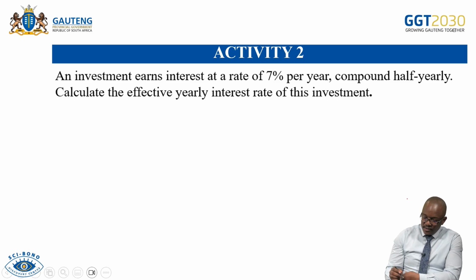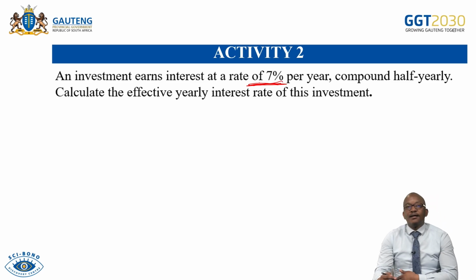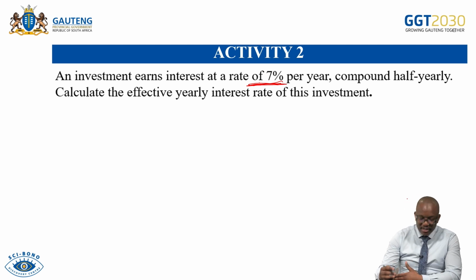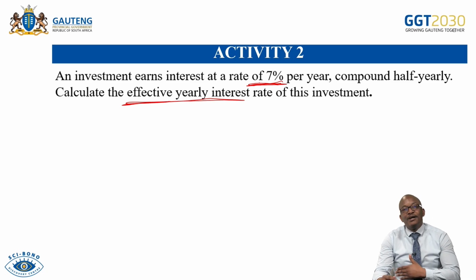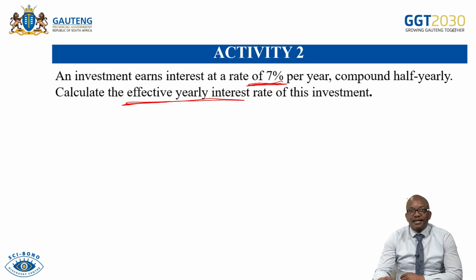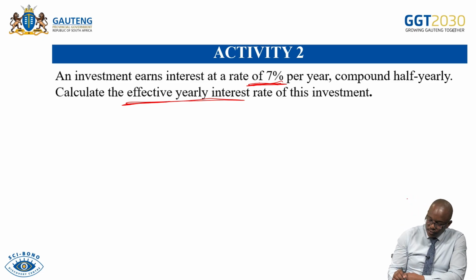So now you are given an I norm, correct? They didn't specifically tell you that it's your nominal interest rate. But looking at the question that says you must calculate the effective yearly interest, it means we are looking for the effective interest rate. So we do the same thing.